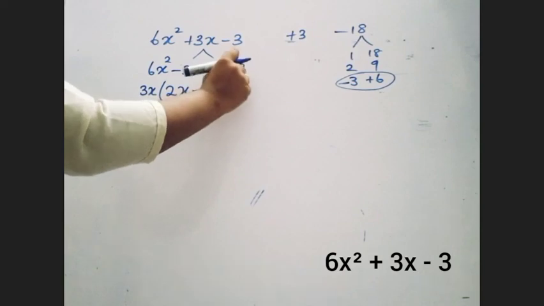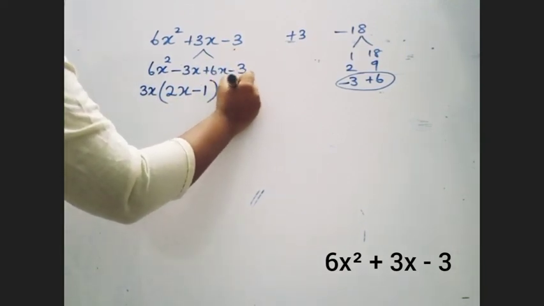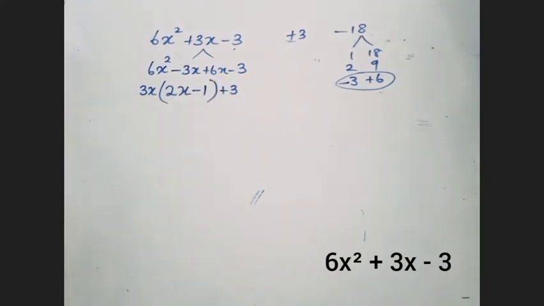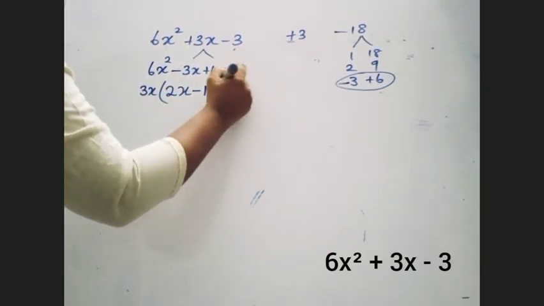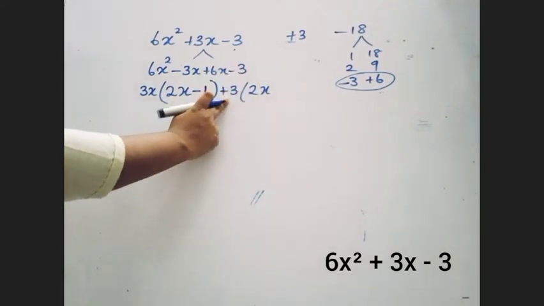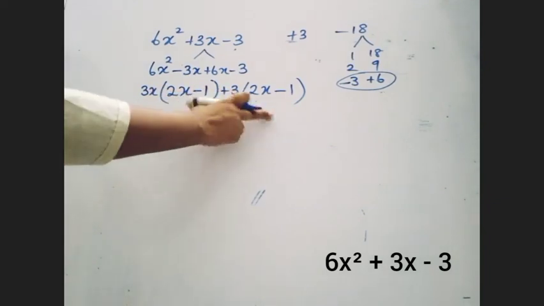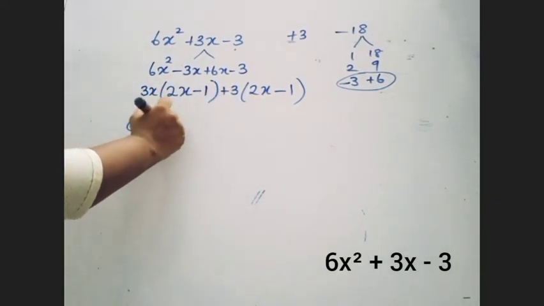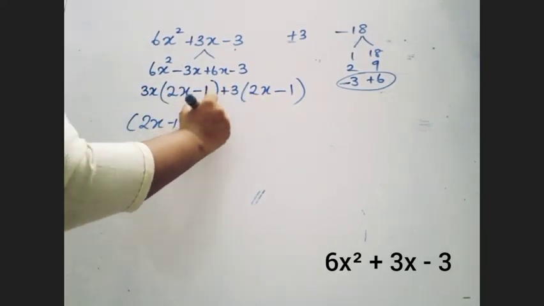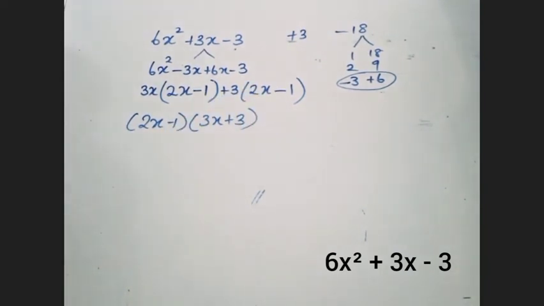So only a number can be obtained which is plus 3 is the common factor. So 6 divided by 3 is 2x. 3 divided by 3 is negative 1. So among these two, 2x minus 1 is the common factor. The remaining will be 3x plus 3.